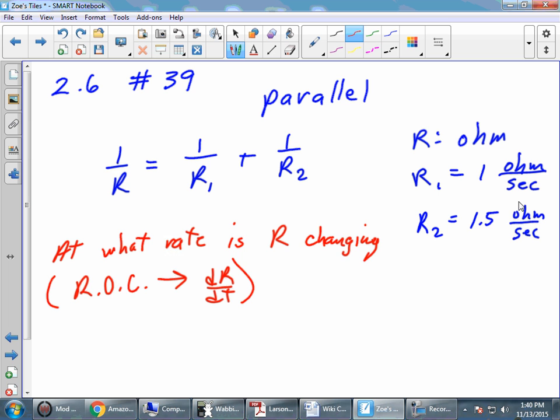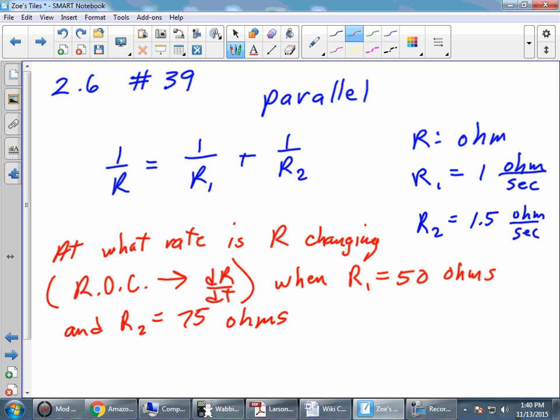It's important in your mind to say, oh yeah, when R sub 1 equals 50 ohms and R sub 2 equals 75 ohms, there's our related rates. So far, so good? Any questions?